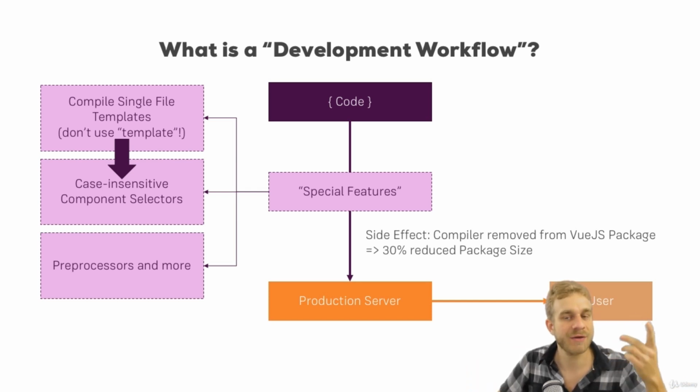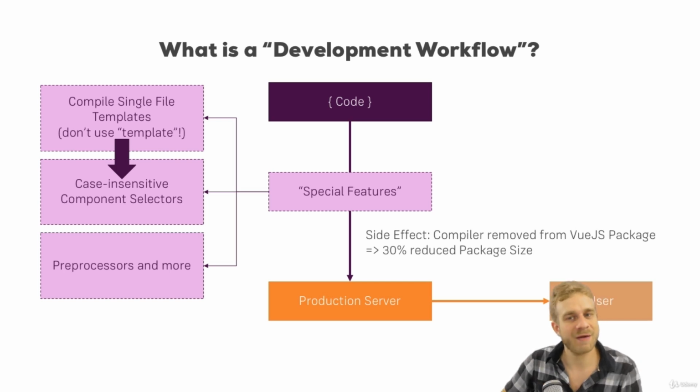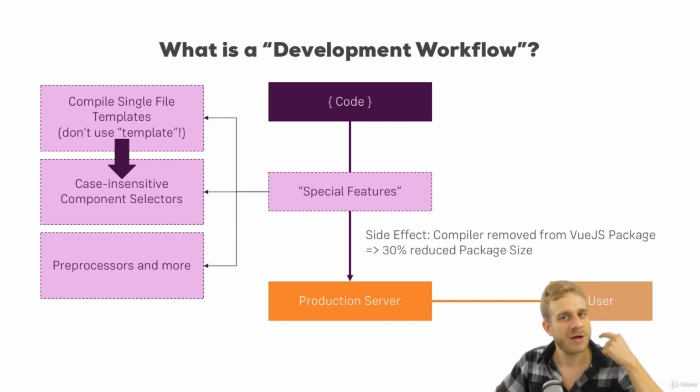Yes, of course, the re-rendering will always happen there, but it already has the compiled templates, and compiled just means transformed to JavaScript. So we have this side effect, and all of that are good reasons why we might want to use such a workflow. It allows us to write better code, it allows us to use other features to shrink the size, to bundle it all together, really all the things we need for medium-sized and bigger applications.